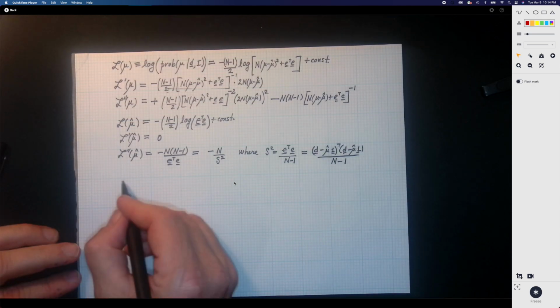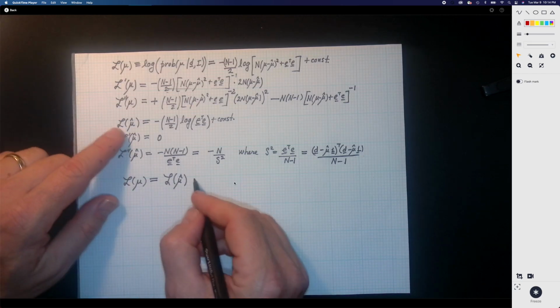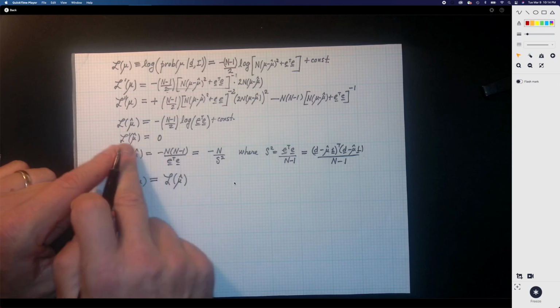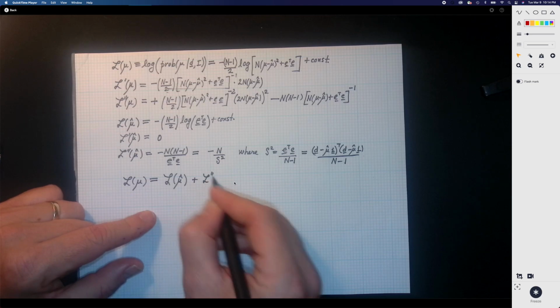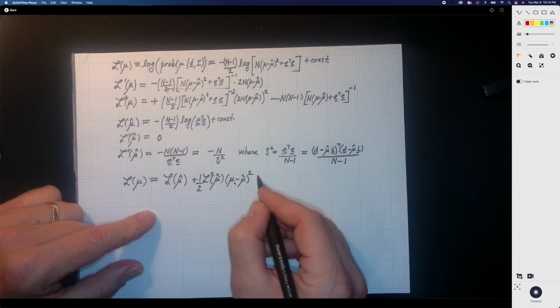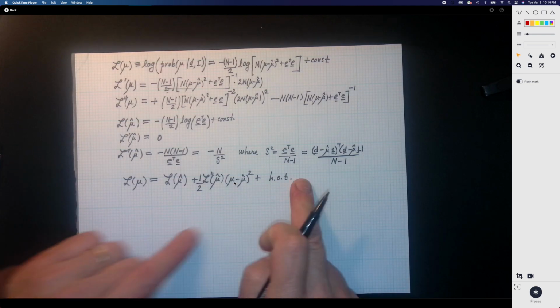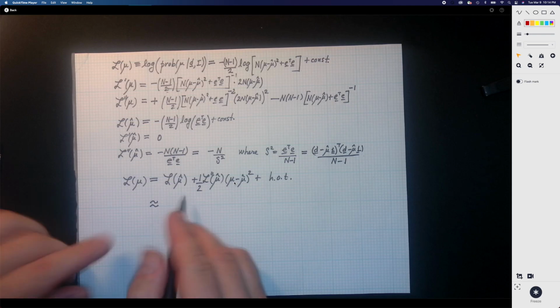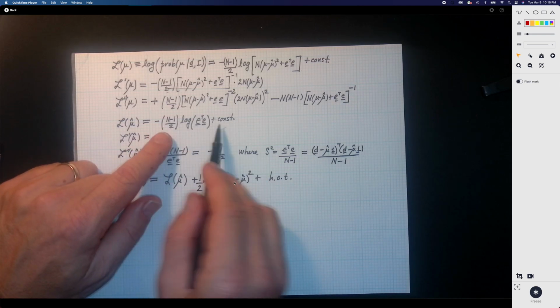Alright, so now the Taylor series plus L prime of mu hat is going to vanish because L prime is 0. So then I go straight to the second derivative plus higher order terms. And these I'm going to neglect. So this becomes approximately this term here, which is some constant, this doesn't depend on mu.